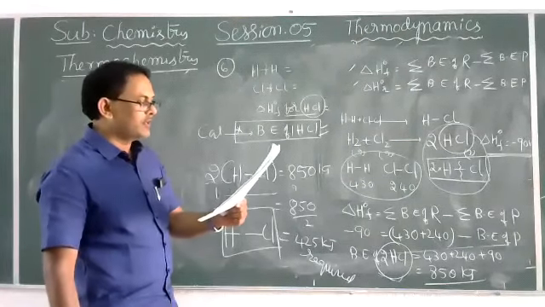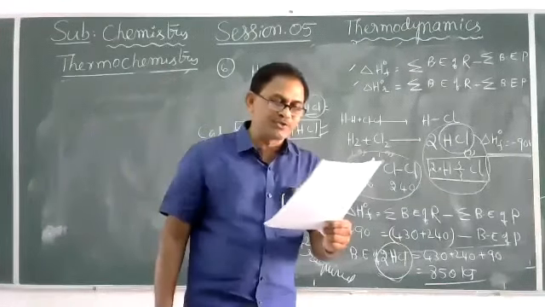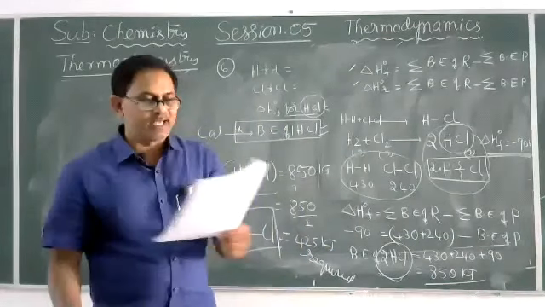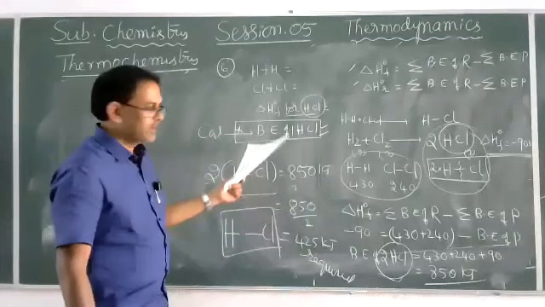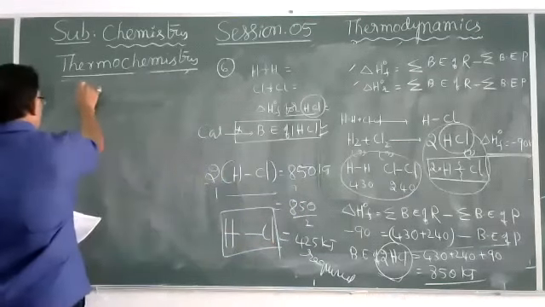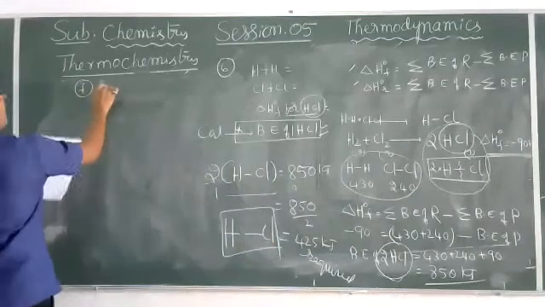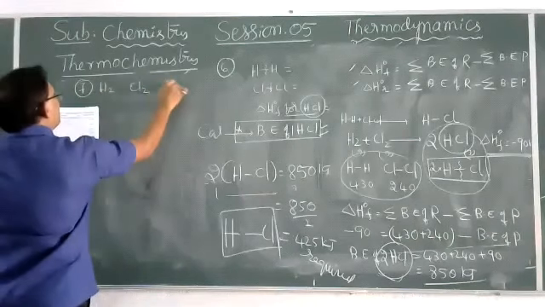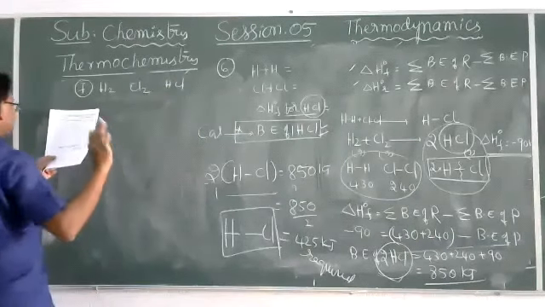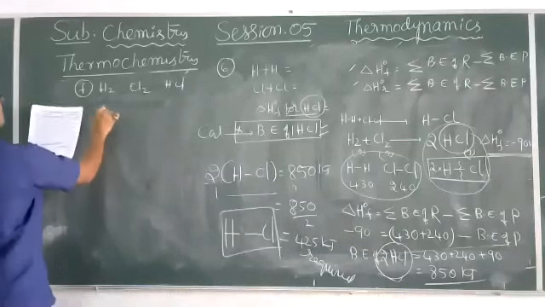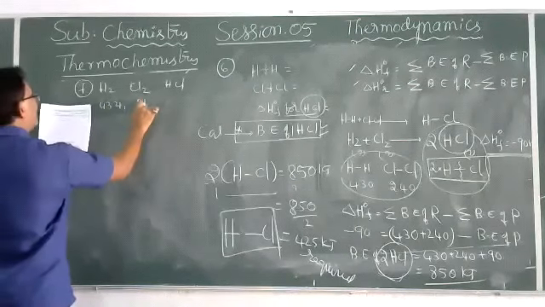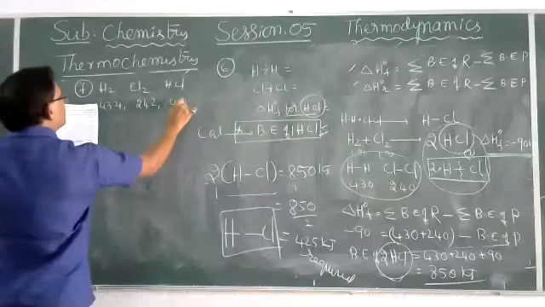Bond dissociation enthalpies of H2, Cl2, and HCl are given. Then calculate the enthalpy of formation of HCl. Same here. Question number 7: the H2, Cl2 and HCl bond energies are given, that is 434, 242 and 431.